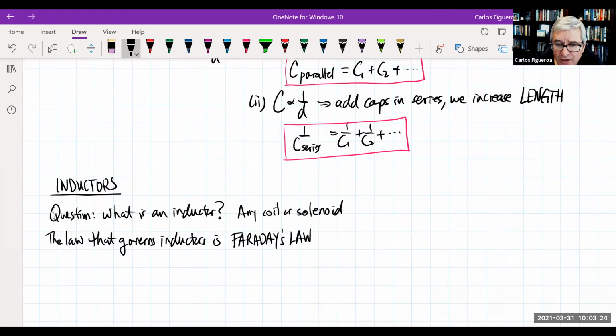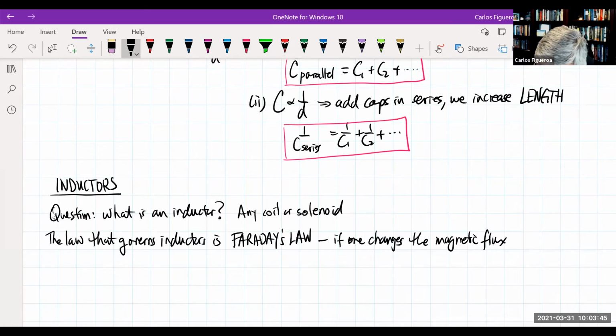And when you look at Faraday's law, what you find here is that it says this. It says that if one changes the magnetic flux, and the way we define magnetic flux is typically with the symbol B here.